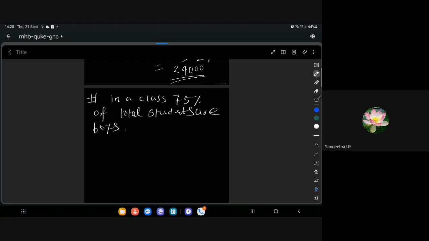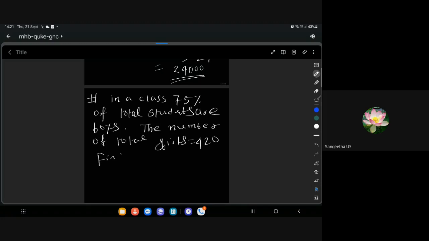And the number of girls is equal to 420. Then what is the number of boys?